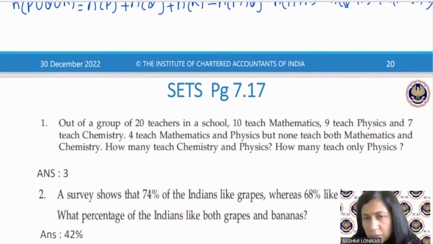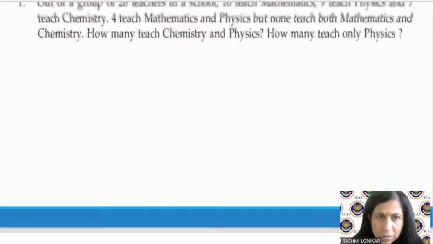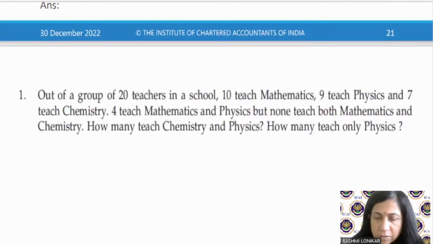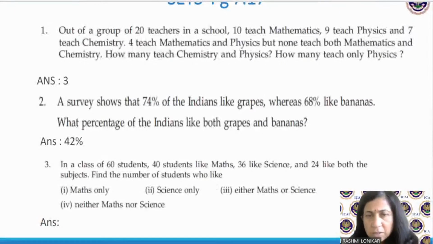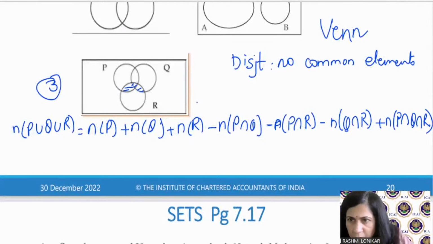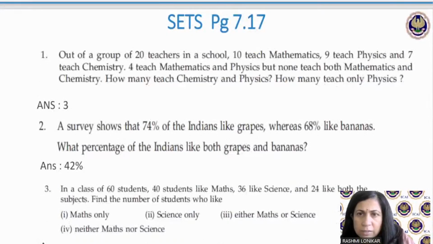Okay. So let us take a break and then we go on to the sums. Okay. This is the first sum. This sum is page 7.17. Okay. 7.17. These are the sums we'll be doing right now. And then we will go to the exercise also.